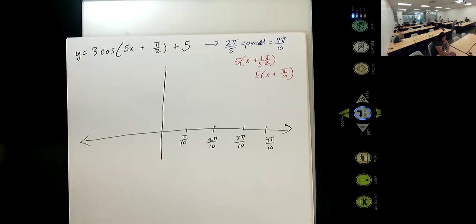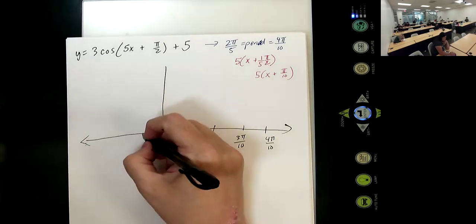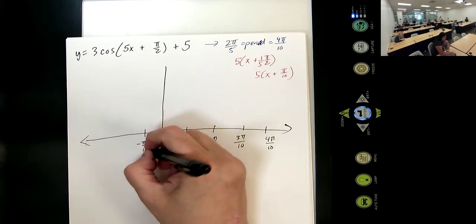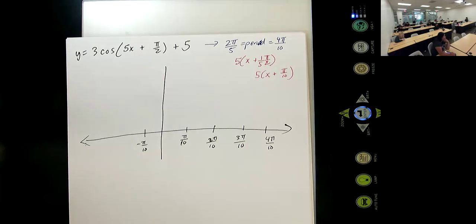So it looks like we're gonna be shifting left pi over 10 when we're done. And it might be easier to put that shift in right away.